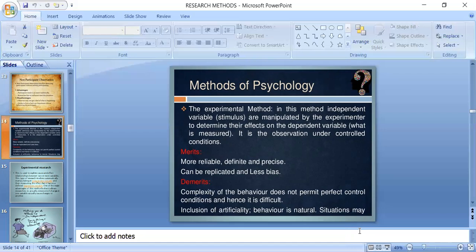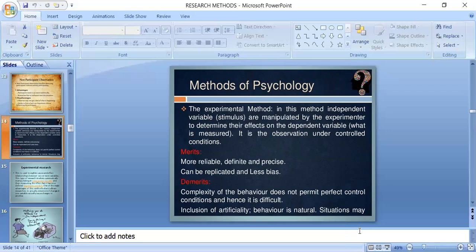If you are conducting any research in a laboratory setting, in each and every laboratory setting, your observations are under controlled conditions. You can manage the light, the equipment, the chemicals, and the setting of the entire experiment.